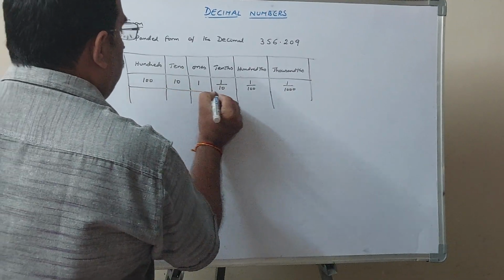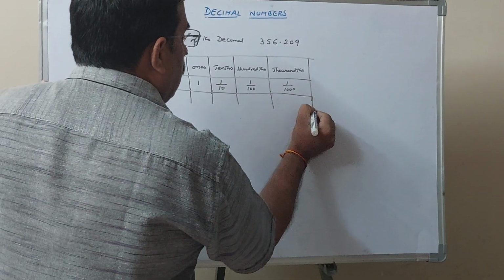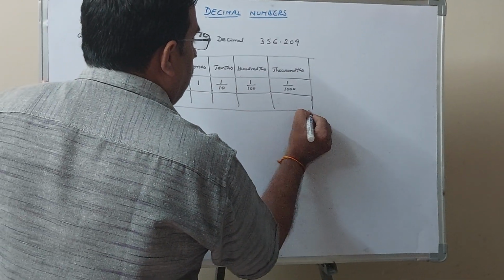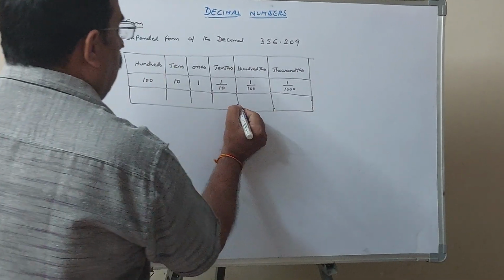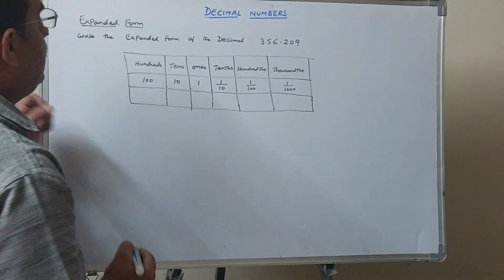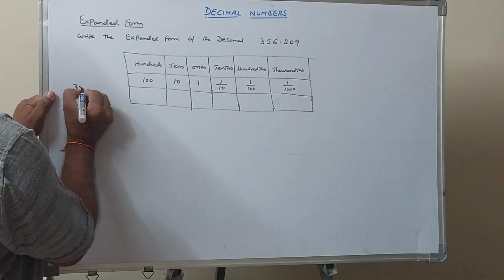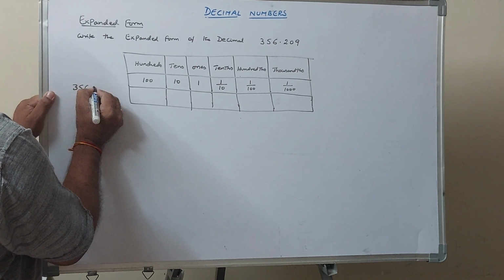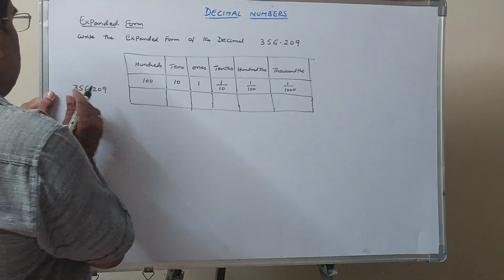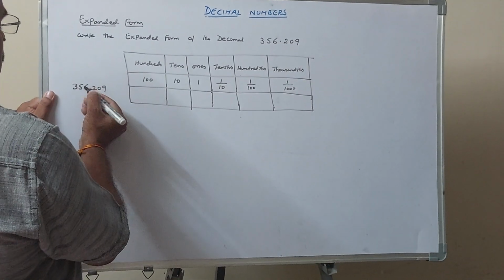Now, the number given is 356.209. The whole number part is 356.